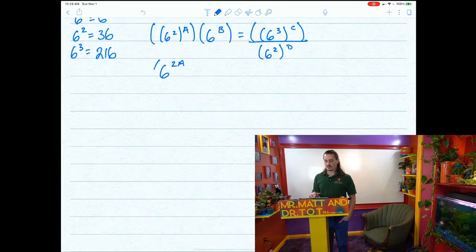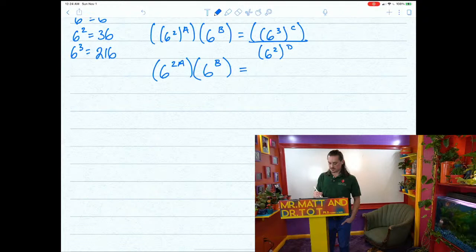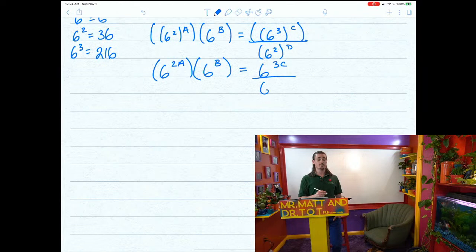Now when we have common bases and we multiply, we can add the exponents. So this is going to be 6 to the 2a plus b power is equal to 6 to the 3c minus 2d power. When we have common bases and we divide, we can keep the base, subtract the exponents.